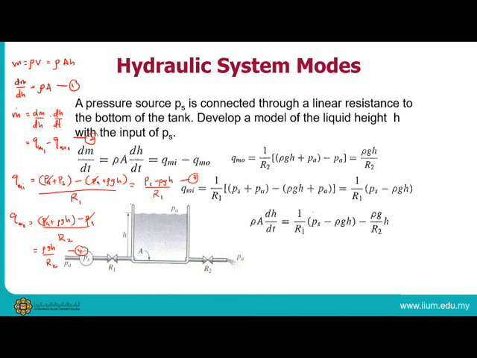You insert equations 1, 3 and 4 into 2. So dm over dh is rho A, and rho A dh over dt is equal to Qmi, which is the whole thing here, Ps minus rho g h over R1, minus Qmo, which is the whole thing here, rho g h over R2.